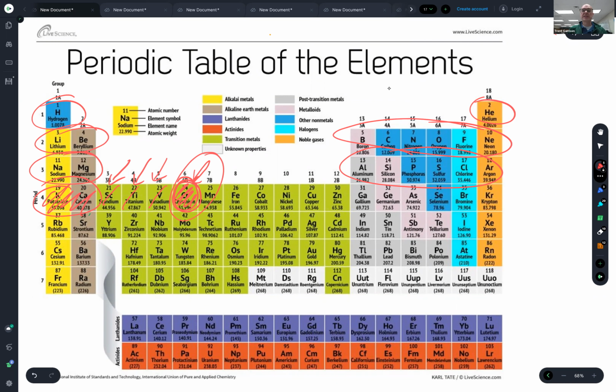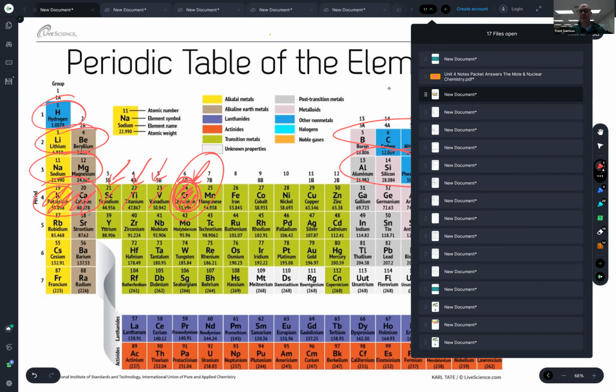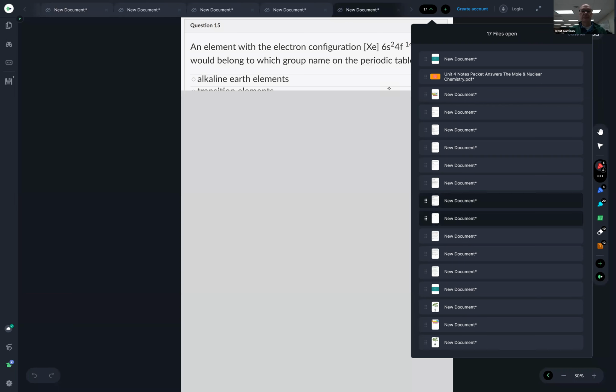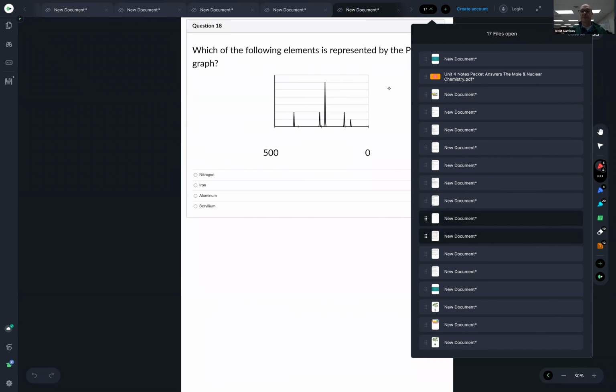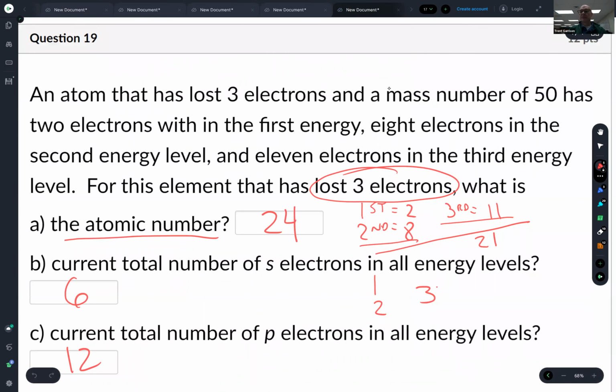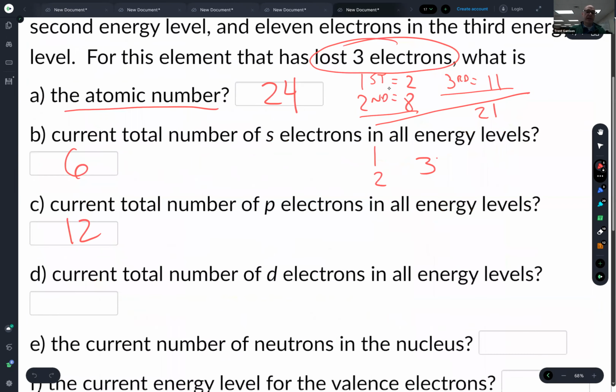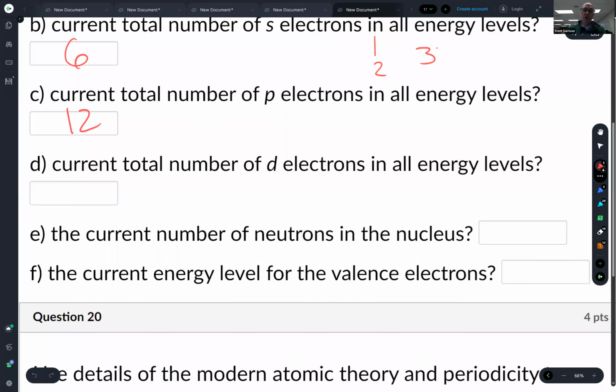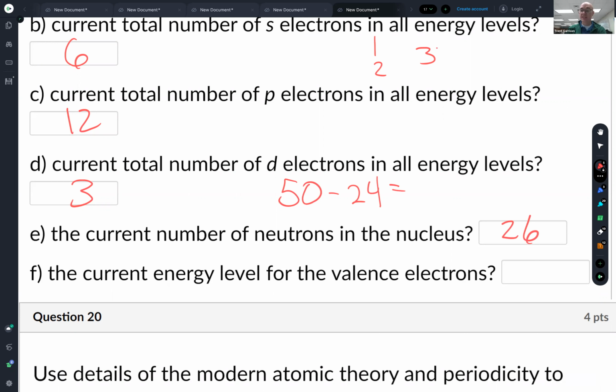All right, so let me see if I can go back to our page. All right, so let me scroll down. D's, we have 3. Current number of neutrons. All right, well, the mass number is 50. We know it's element number 24. That means that this number should be 26. The current energy level for the valence electrons. We don't have a 4th energy level anymore. So all we have valence electrons for are the 3rd.